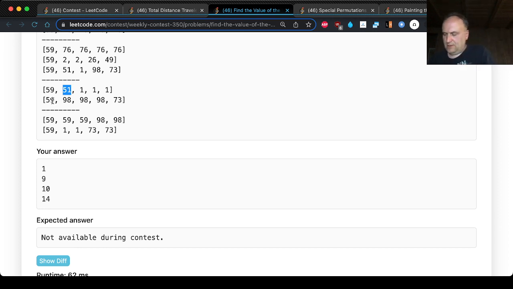So this is a suffix. Oh, okay. So prefix min and suffix max. Why is it missing?